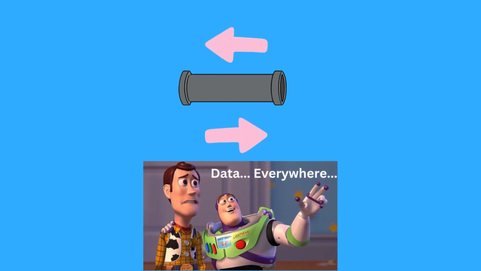Operating systems offer a variety of IPC methods, each suited to different situations. Let's go over some of the most common IPC mechanisms. Number 1. Pipes. Pipes are one of the simplest forms of IPC. They allow data to flow in a one-way or two-way channel between two processes.